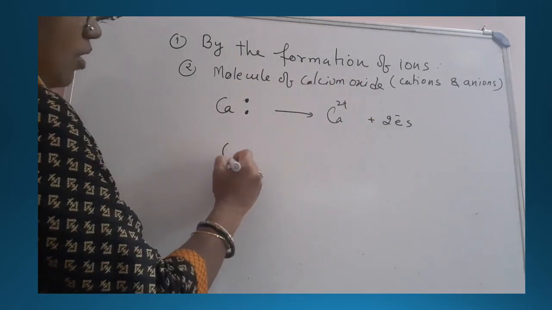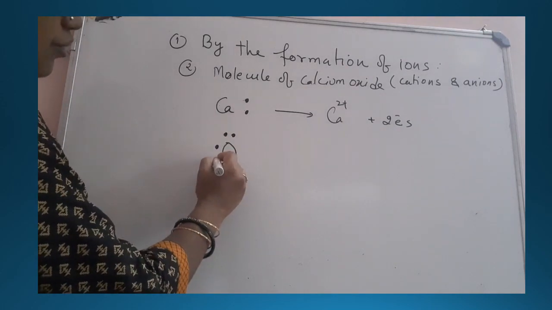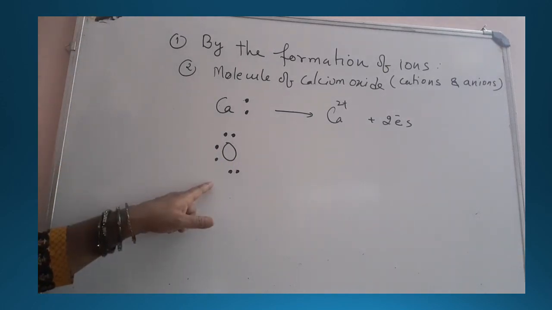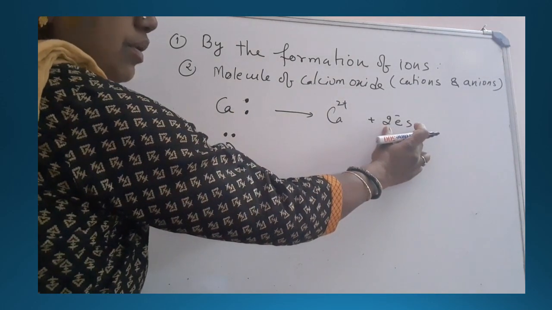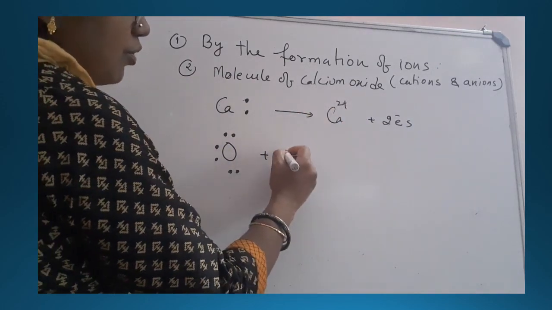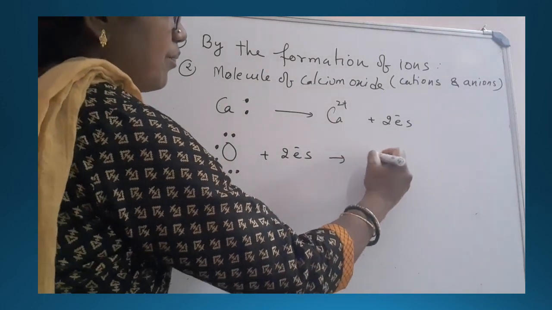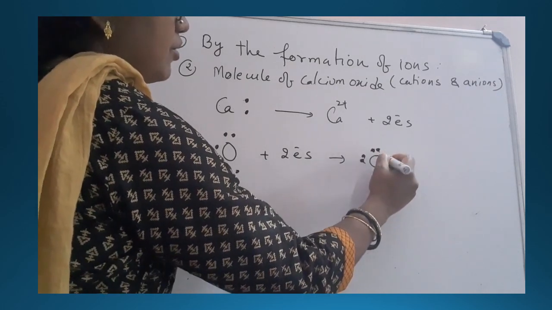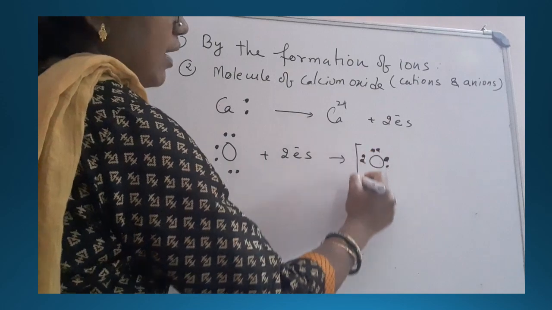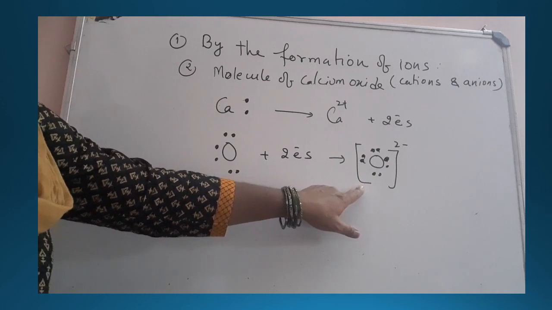Oxygen. The oxygen atom has 6 electrons: 1, 2, 3, 4, 5, 6. It requires 2 more electrons to complete its octet. So the oxygen atom can gain the 2 electrons lost by the calcium atom to complete its octet, and hence it forms O with 2 extra electrons as the oxide ion, O2-, that is oxide ion.